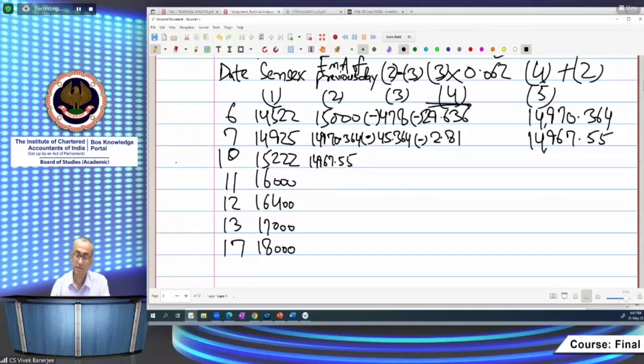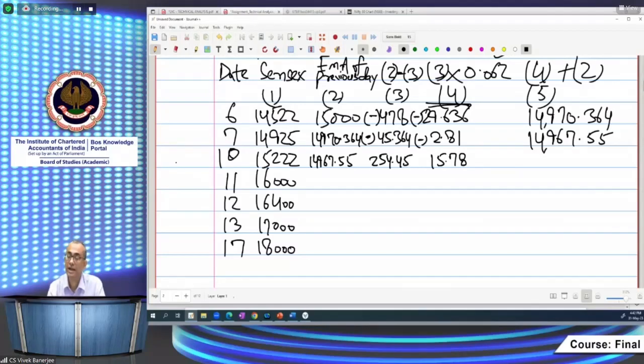And this will be deducted from the closing price 15,222. It's coming to 254.45. This is a positive figure because the Sensex is more than the previous day EMA. We will multiply it by the exponent 0.062. It is coming to 15.78.